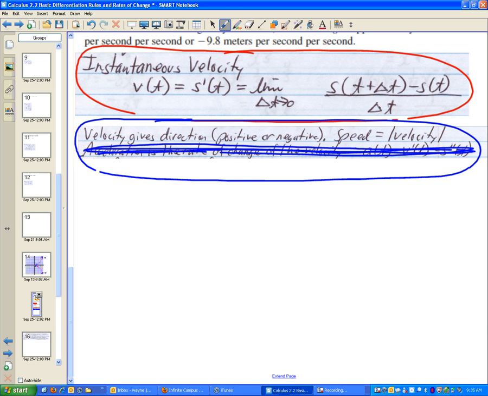And while we're on the topic of objects in motion, put this in your notes too. Acceleration is the rate of change of the velocity. That's what acceleration is. We use the term acceleration, we don't always know what it means.